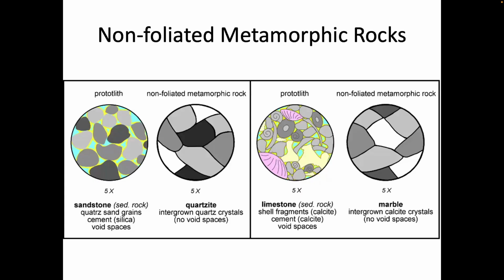Now, this is what happens when it metamorphoses. Those sand grains and those calcite grains heat up and they expand and they become deformed. So deformation, becoming deformed, is a common property of metamorphic rocks. Right? These sand grains or these quartz grains, notice how much enlarged they become, right?